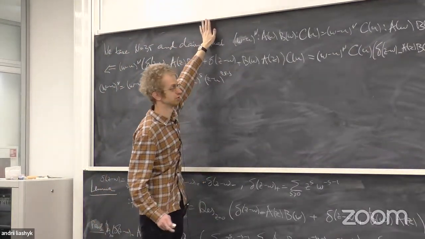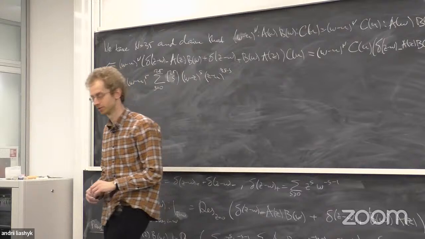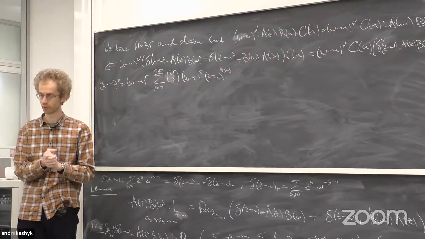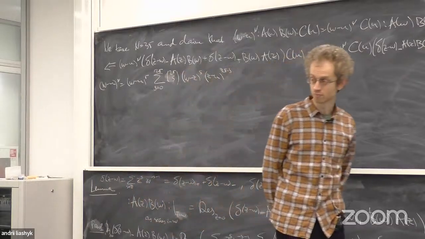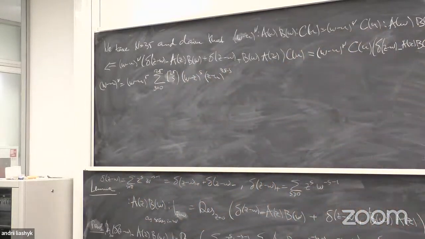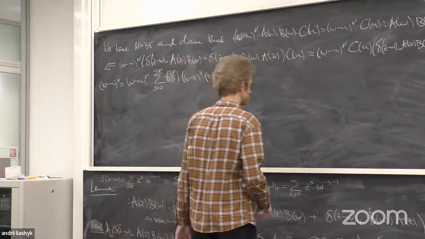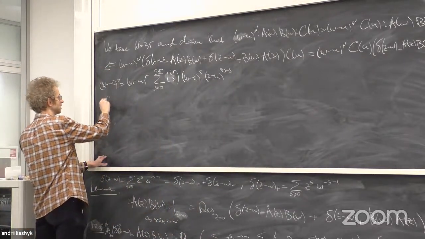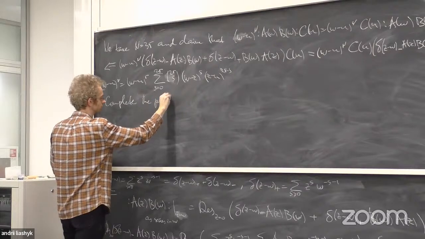Maybe just stop now, and then I ask if you have any questions or further comments, remarks. You have two fields, and then you produce. Yeah, maybe I should add this. So, complete the proof. Homework.